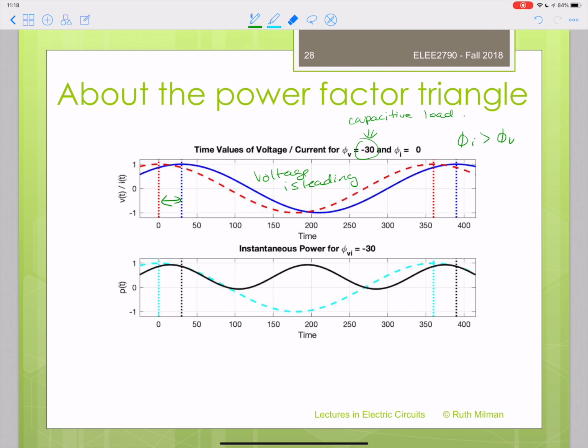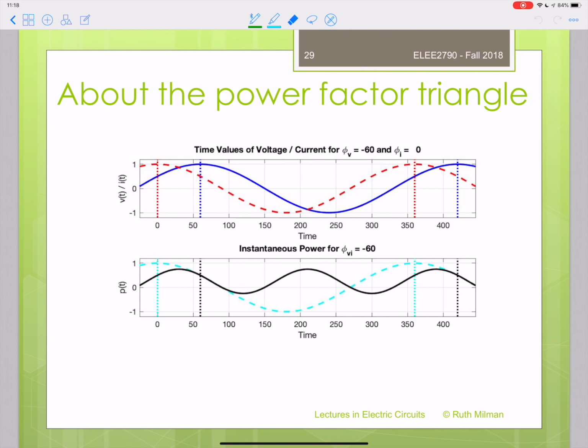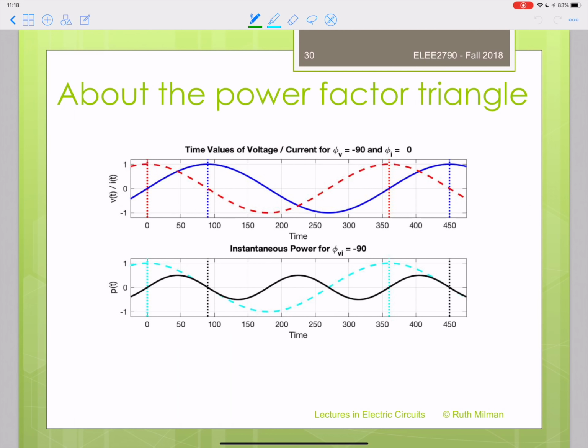So this is starting to drop again. And it works in the opposite direction. As you drop even more, this gets lower, until you get to a purely capacitive load. So this is purely capacitive. That means there is a 90-degree phase shift between here. The voltage leads.